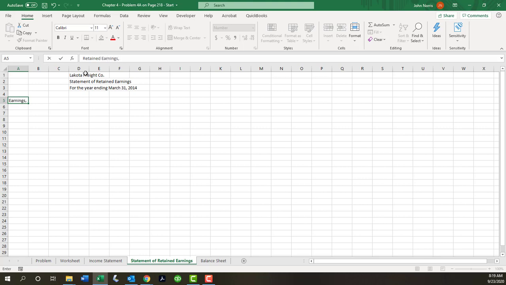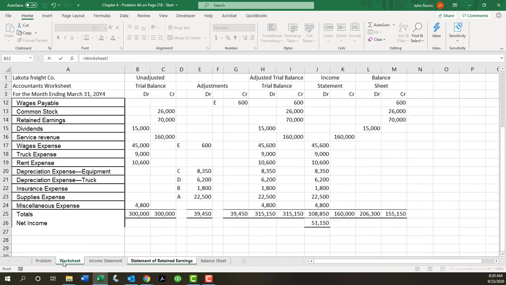Retained earnings on April 1st, 2013 equals the unadjusted balance on the balance sheet, which is $70,000.